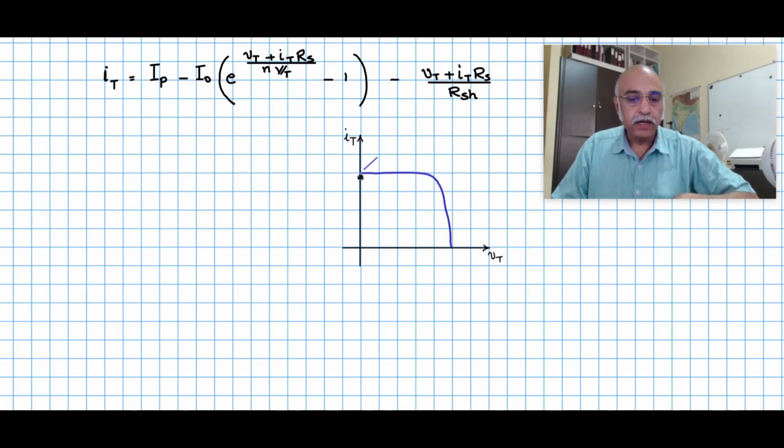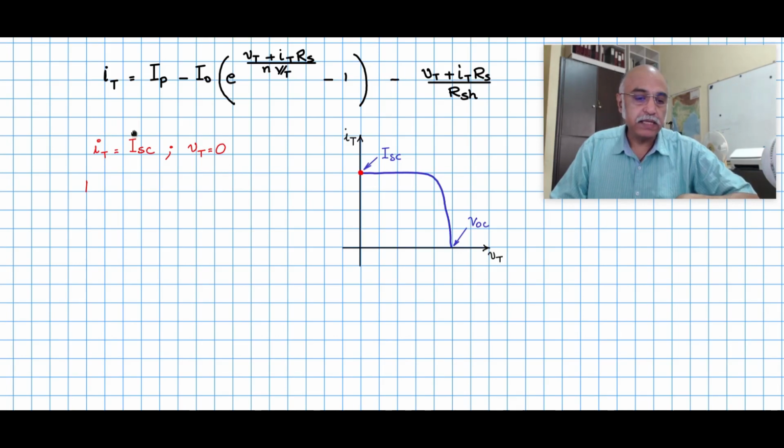There is one critical point here, which is the short circuit current operating point, and another critical point here, which is the open circuit voltage operating point. So first let us focus on this short circuit operating point. Let me mark it in red. At that operating point IT is called ISC and the voltage is 0.